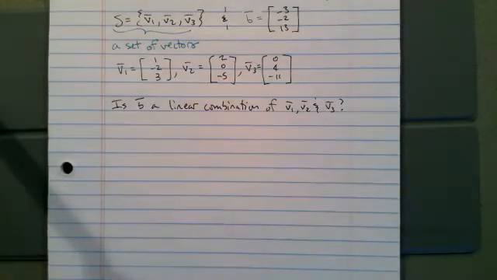That's mostly what we do in this class, try to determine if one vector is a linear combination of another set of vectors. And then how many ways can we do that? And then can we simplify our set of vectors?